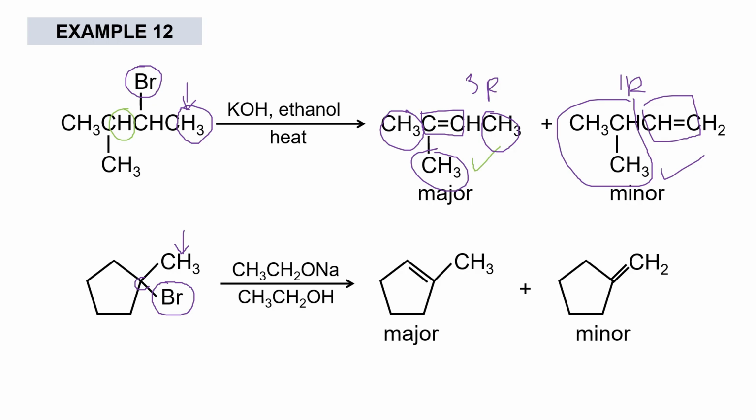If you remove hydrogen from this carbon, you will get the minor product. If you remove bromine and also hydrogen from this carbon, you will get the major product. How to determine the major and minor is based on Saytzeff rule.